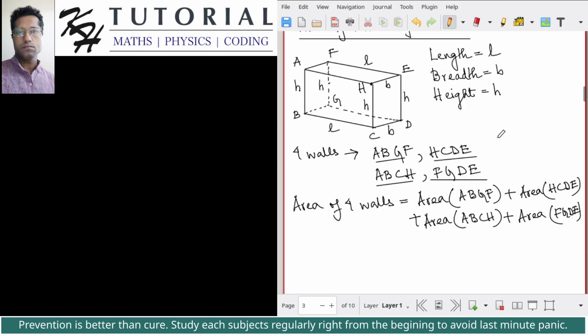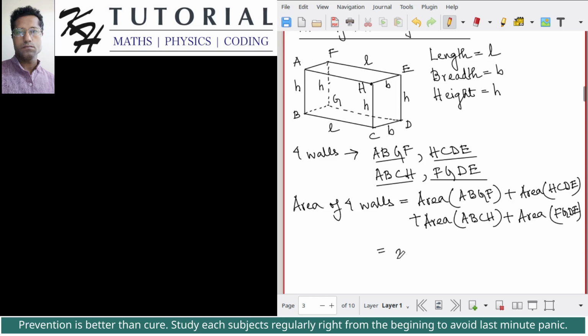Now please note that the opposite walls are of equal dimensions. That is, the length and breadth of a pair of opposite walls are equal. So their area will also be equal based on the formula of the area of a rectangle. Since ABGF and HCDE are the opposite walls, their areas will be the same.